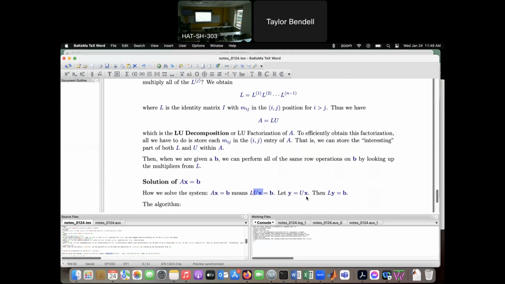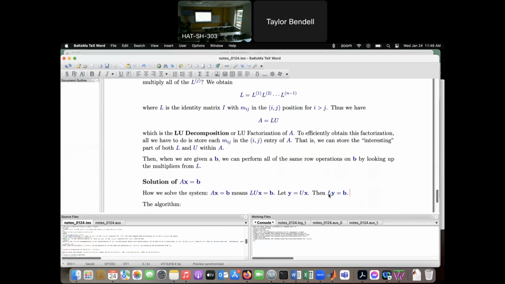X is what I'm trying to get. So I don't know Y either. What I do know about Y is that it satisfies this system of equations: LY equals B. So once I've carried out the LU decomposition, I solve this system of equations. This is equivalent to applying all those row operations to B.